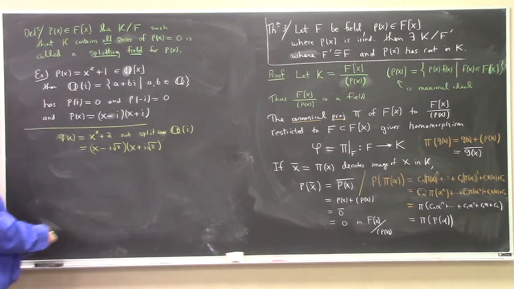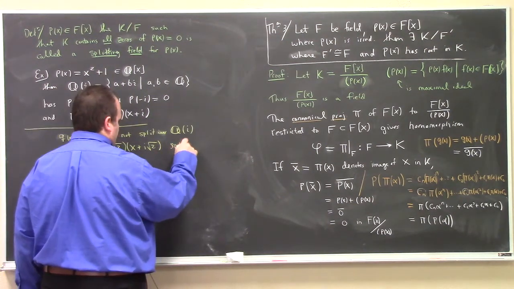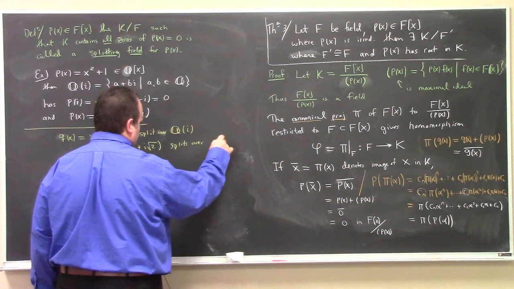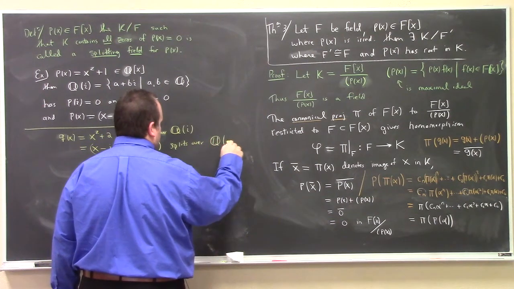Elementary algebra, we know that. So this is actually split over Q adjoin i root 2. Splitting extension fields don't necessarily have to split all cases. They just have to split a particular polynomial; it's with respect to a given polynomial.